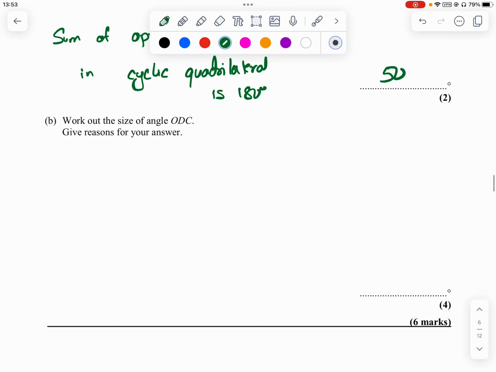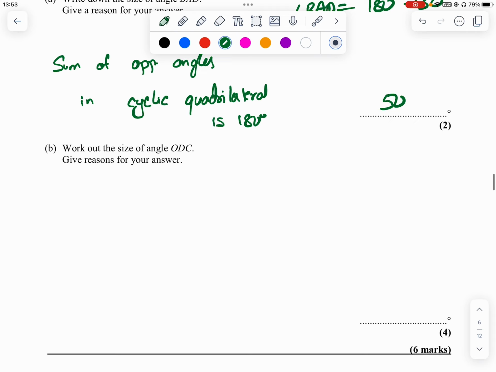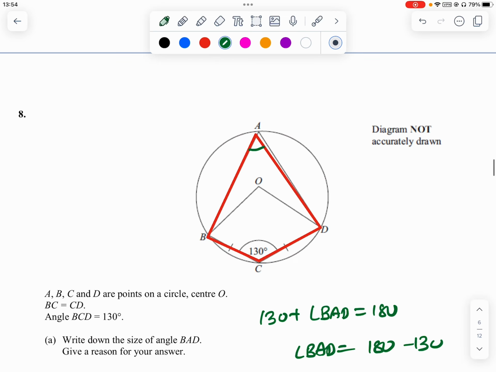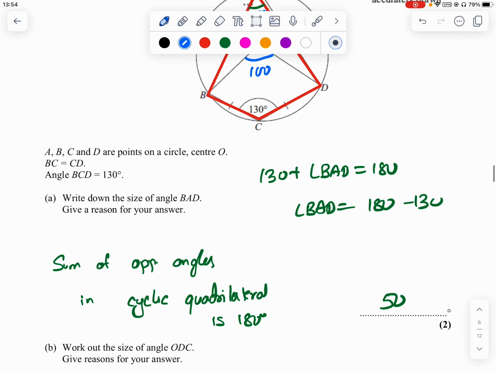Part B, work out your answer for ODC. He's asking us to find the angle ODC. So now angle BOD. First of all, what am I going to find? Angle BOD. Because this is 50 degrees, angle BOD will be 50 times 2, 100.